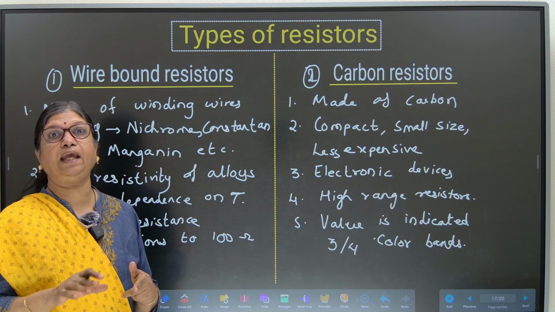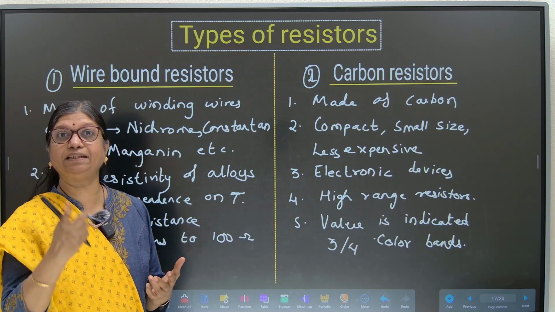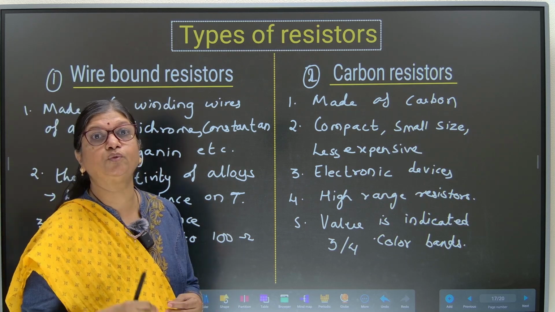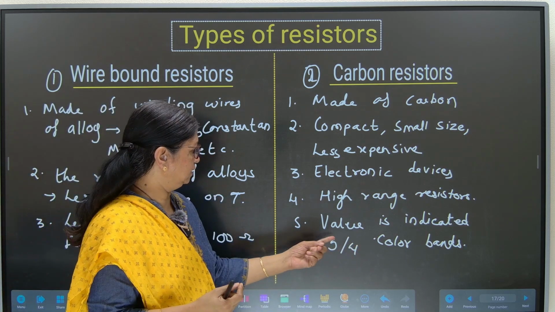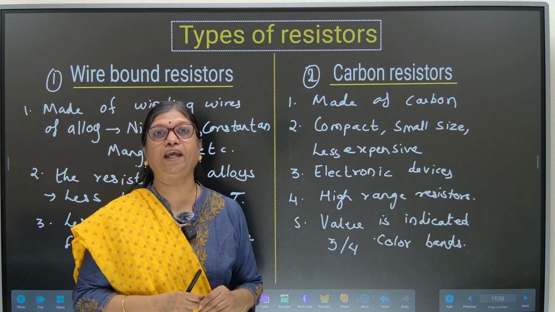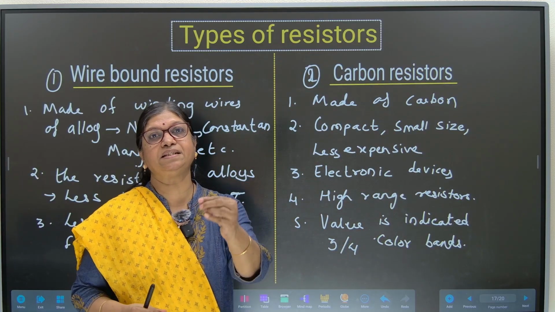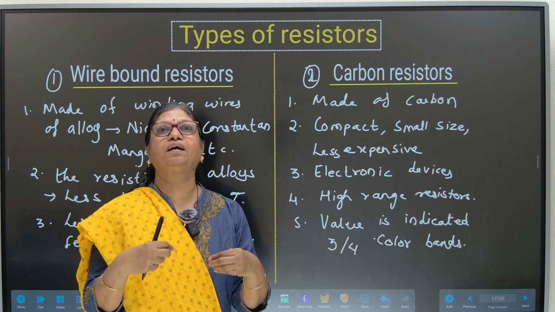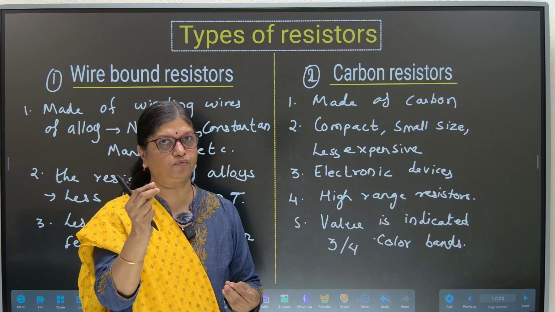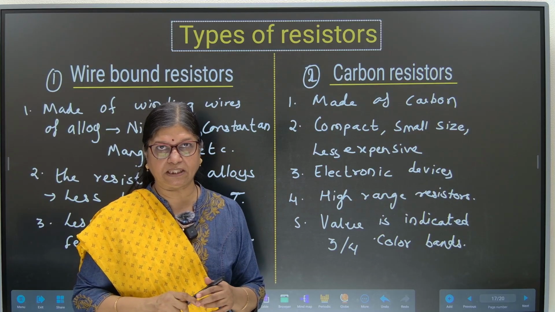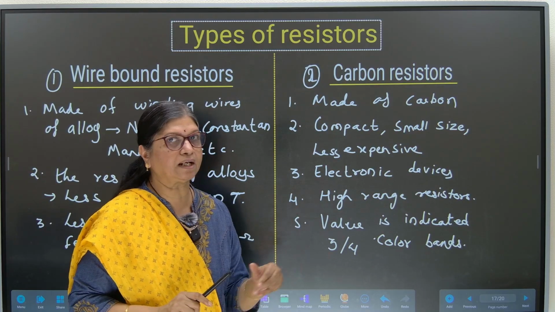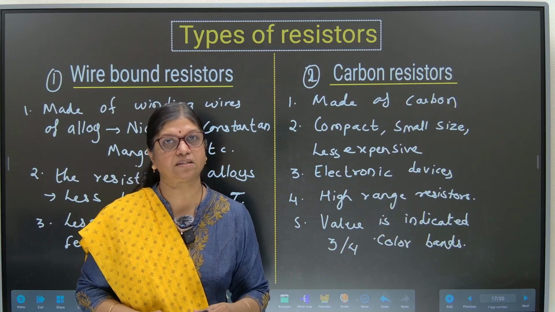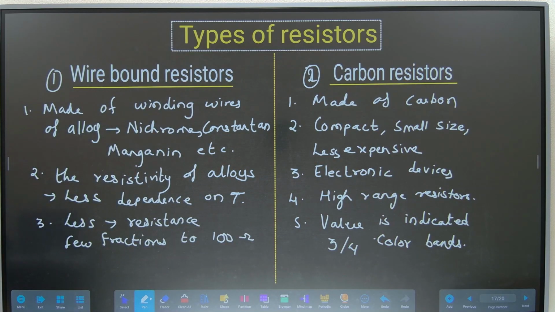Keep watching till the end so that you will understand very nicely how to use these color bands to calculate the resistance of these resistors with a very nice trick with a little bit of fun. So keep watching this video till the end. On the next page we shall calculate the resistance of carbon resistors. I shall move. Please take a pic so that these variations can be understood by you very clearly.